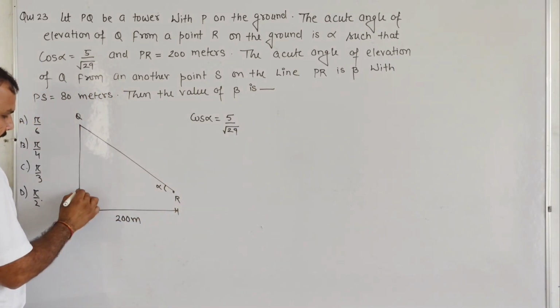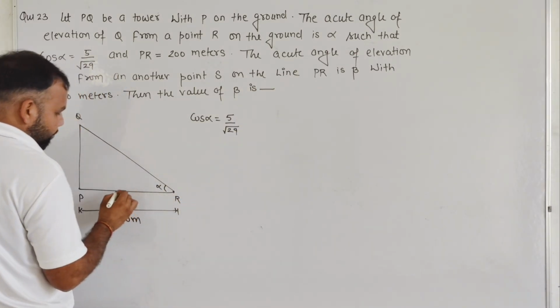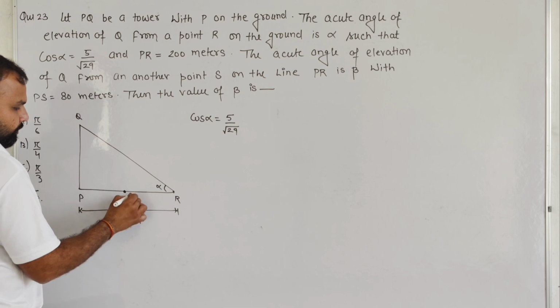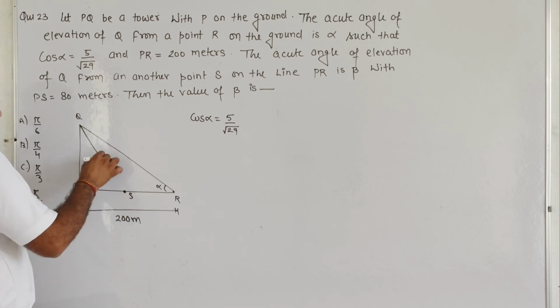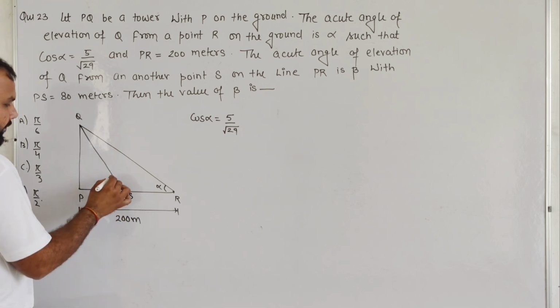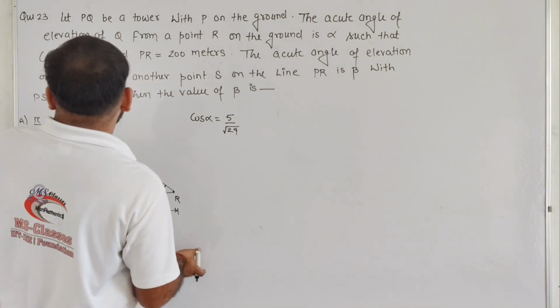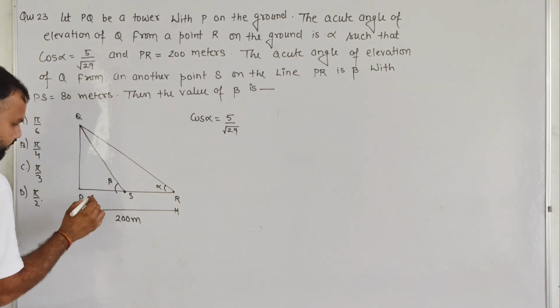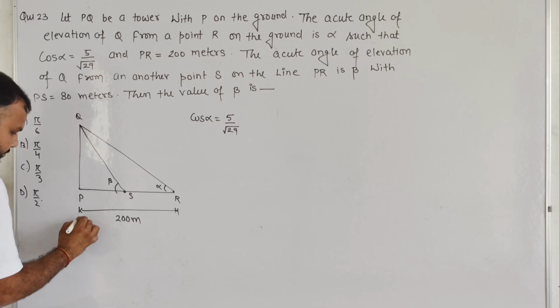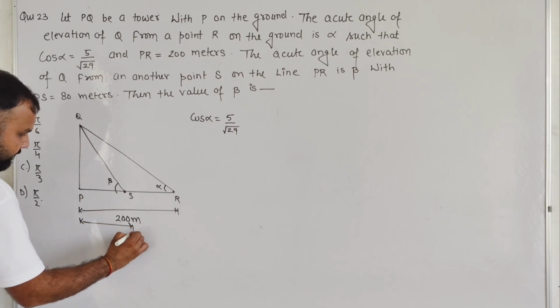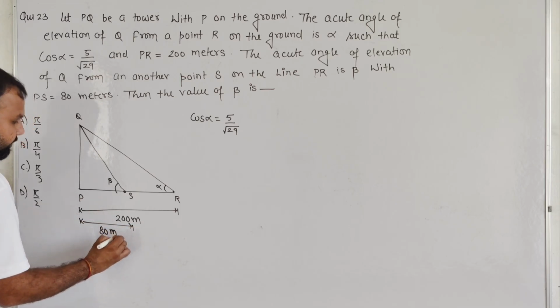This is the line PR, and there is a point S, and the angle of elevation of Q is angle beta, with PS equal to 80. That means the distance between P and S is 80 meter.